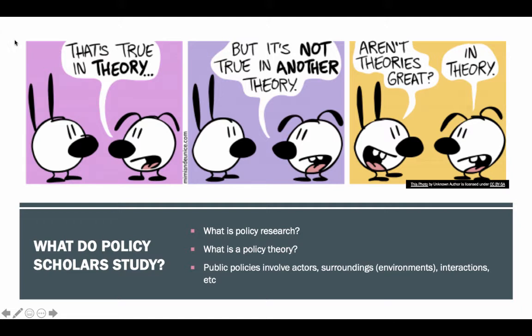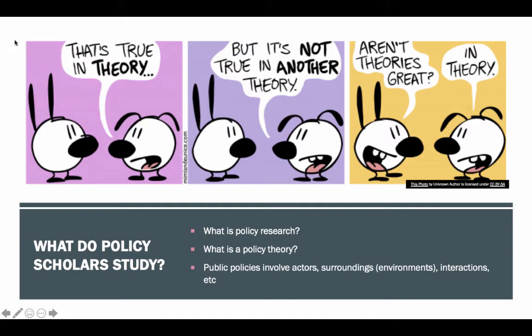Now, these theories, we have to think about theories in a broad way, and I mean that in the sense that everything is a theory, despite how much proof we think we have on a day-to-day basis. Gravity is a theory, for example. But theories, in this sense, are a research tool by which we study policy.